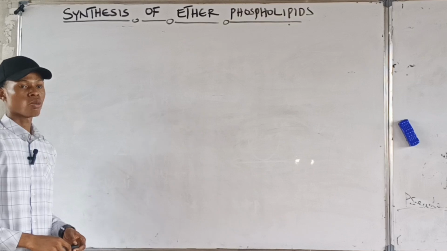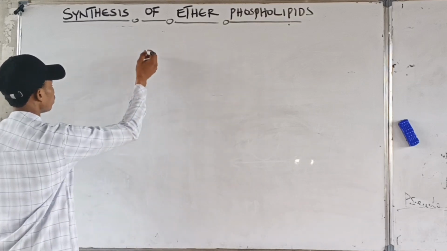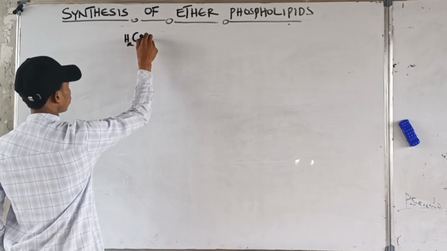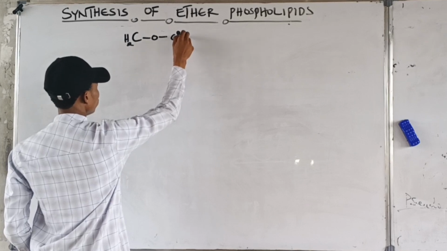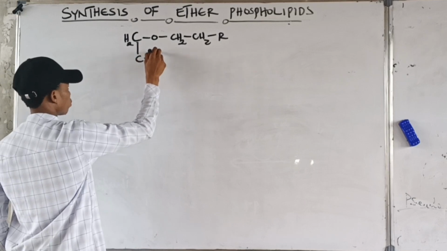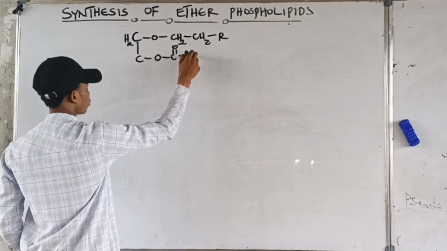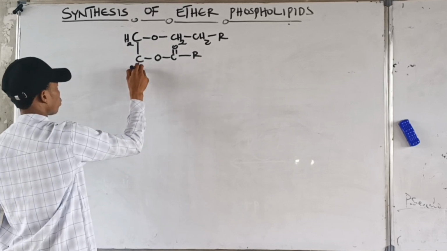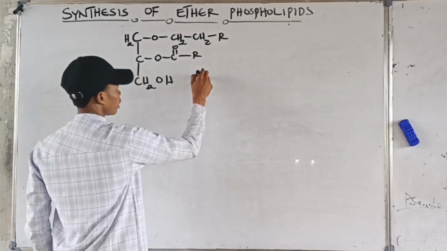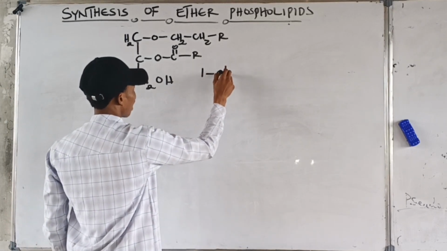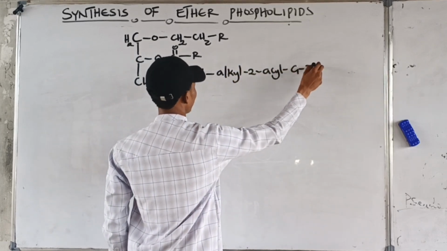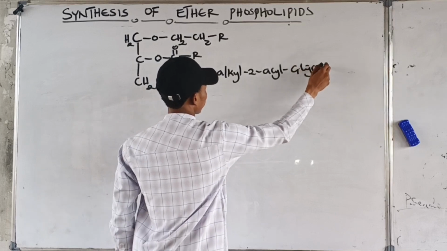All right, so I'll be drawing the structure of the last thing we had here, which was 1-alkyl 2-acyl glycerol 3-phosphate. So this was the last thing we have.